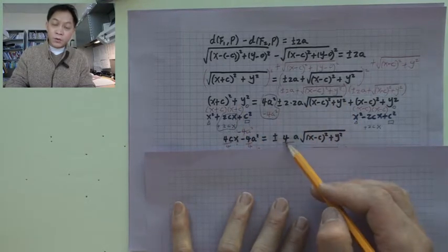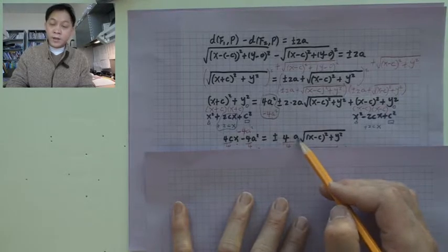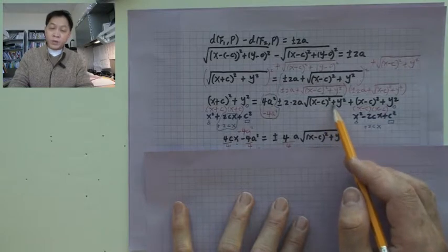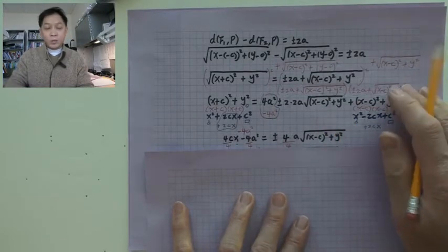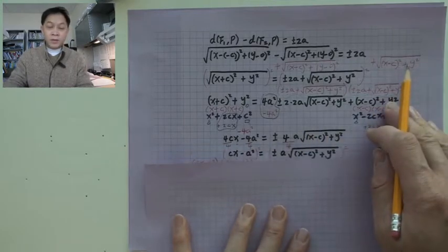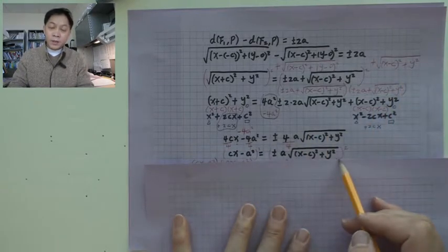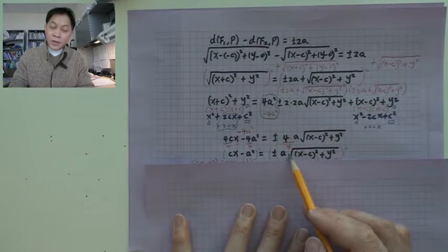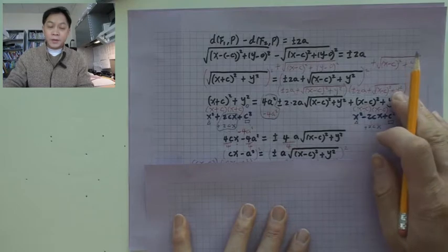2 times 2 is 4, positive negative a, radical this quantity, x minus c squared plus y squared. We don't like 4, so we divide by 4 on both sides, so we get that. Now if we square both sides, then this radical sign will disappear.